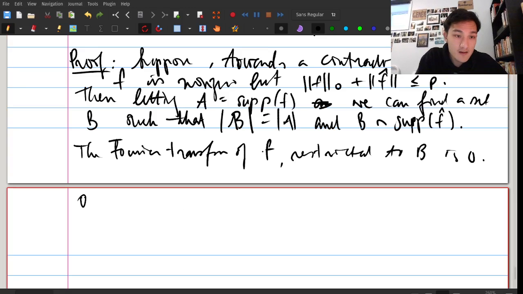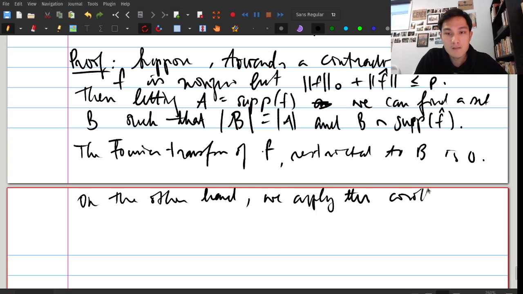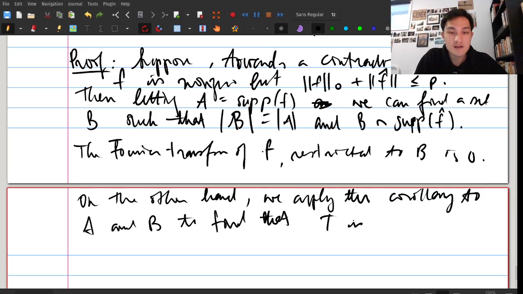On the other hand, we can apply the corollary to A and B to find that T is invertible.